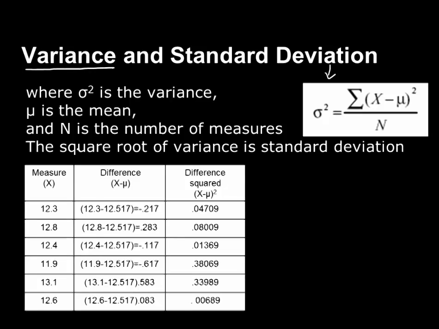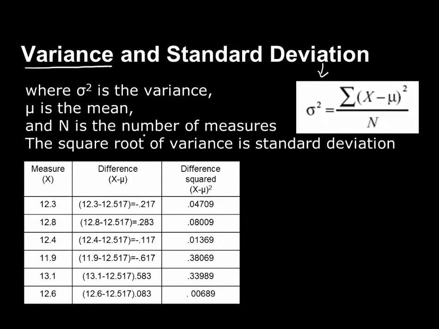So what we do first with all those different measurements is we find their average. Remember, average is the sum of each measure, so the sum of x, divided by however many there were. So I would take 12.3 plus 12.8 plus 12.4 plus 11.9 plus 13.1 plus 12.6, and I would divide that by 6 since there's 6 measures. I've already done that math because I'm lazy, and that turns out to be 12.517.